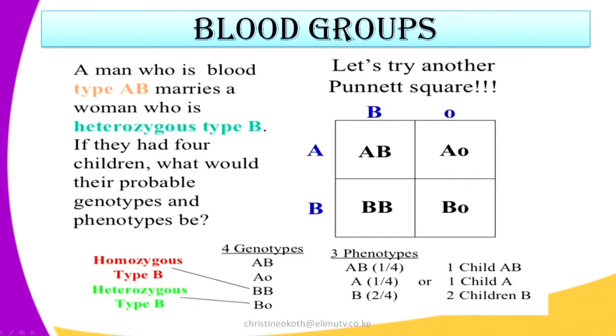One of them is going to have AB, which is codominant, AO, which is heterozygous, and BB, which is homozygous, both of them being dominant, and lastly BO, which is heterozygous.